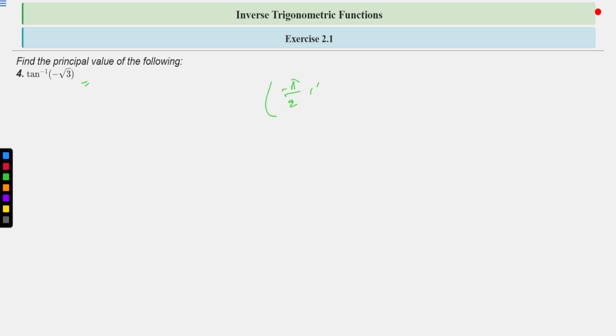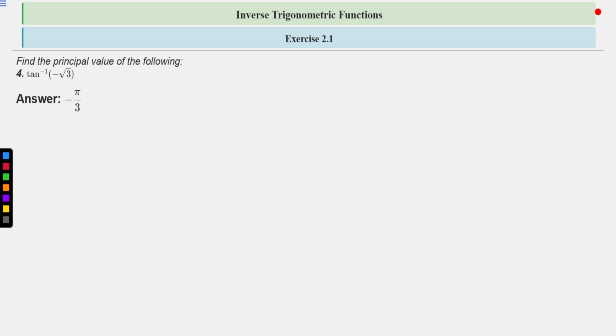So we just need to find the value of theta at which tan theta becomes minus root 3, and that theta should lie between minus pi by 2 and pi by 2. So the answer will be minus pi by 3.